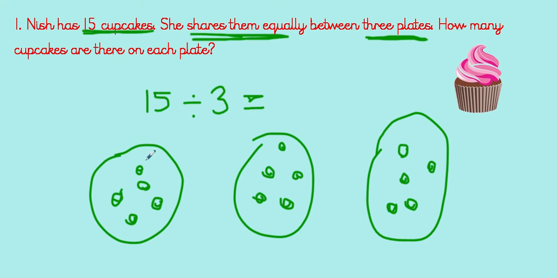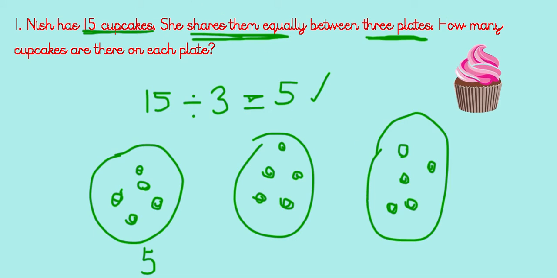So on this plate we've got 1, 2, 3, 4, 5. And I'm just going to check that the other plates have got 5 on as well. Then I'll know that I shared them equally. 1, 2, 3, 4, 5, yeah. 1, 2, 3, 4, 5. Brilliant. So 15 divided by 3 is 5. Fabulous. Tick or fix.